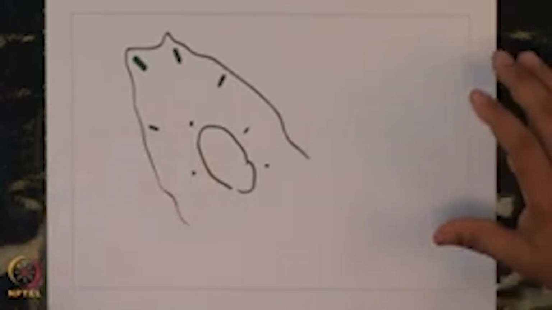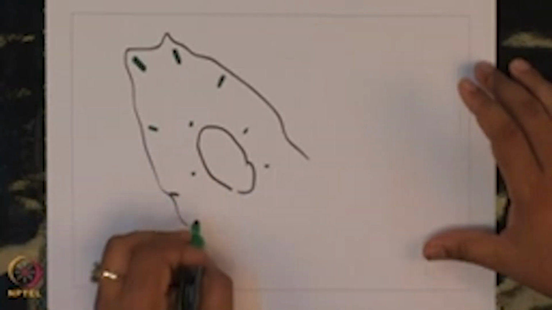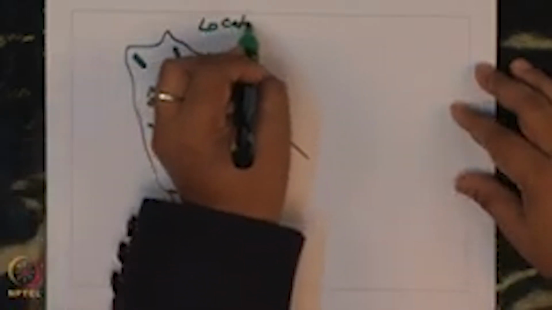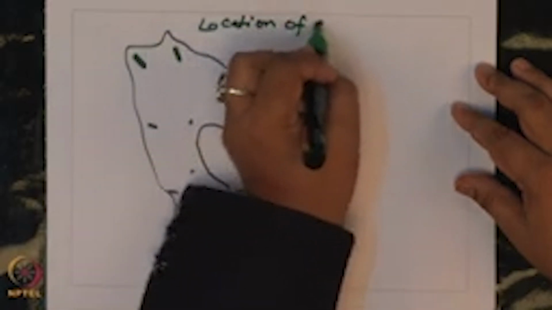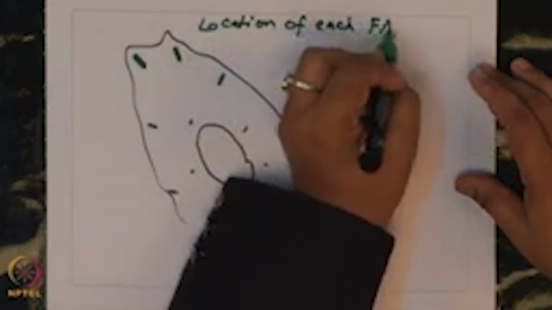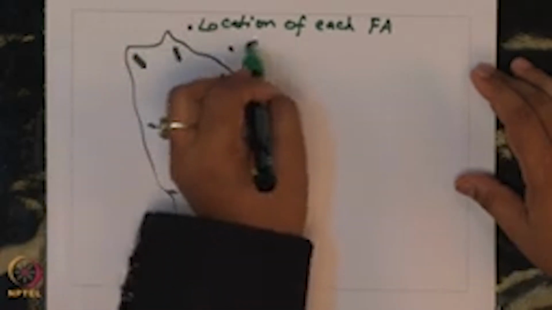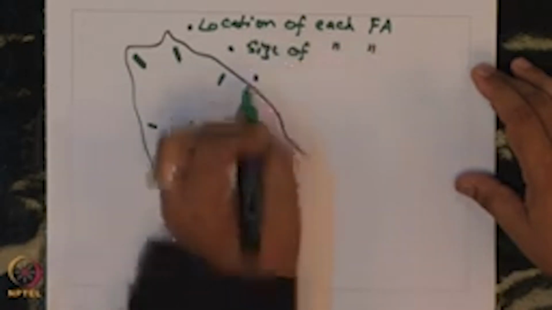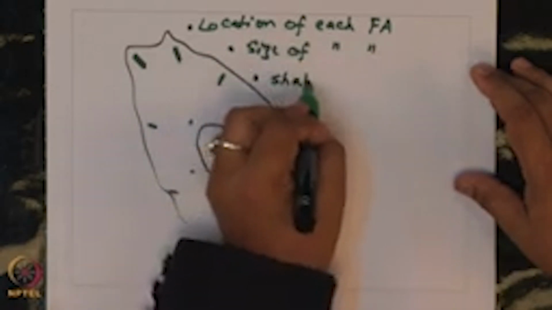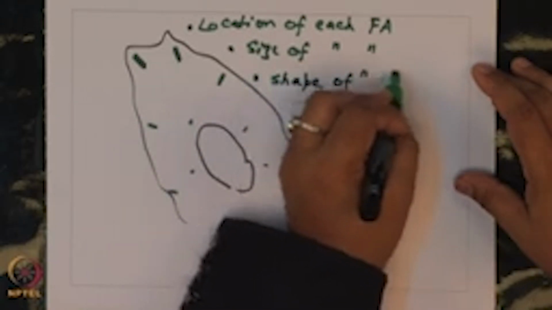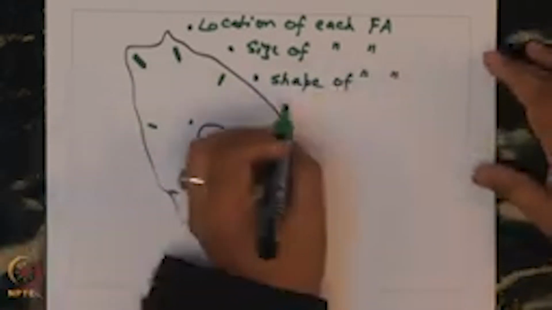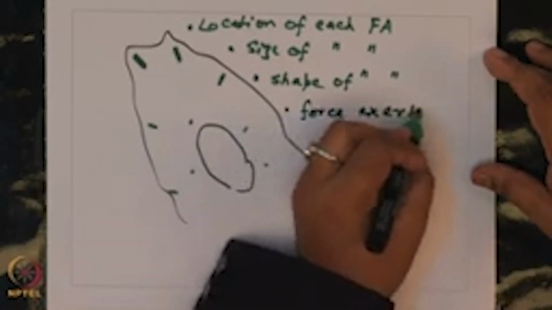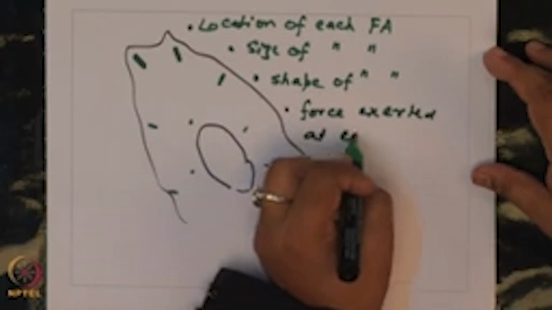By doing these experiments, you can find out the location of the focal adhesion, the size of each focal adhesion, the shape of each focal adhesion, as well as the force exerted at each focal adhesion.